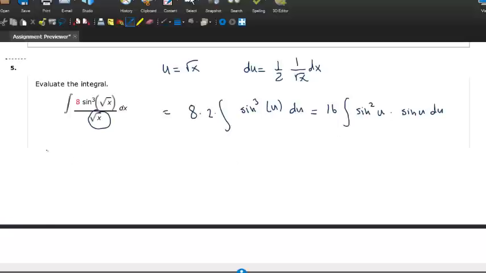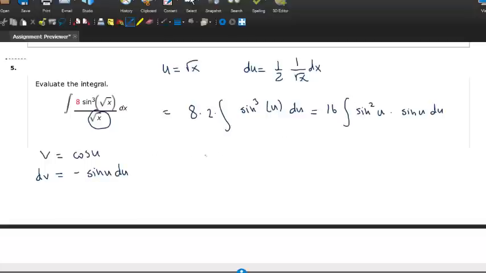So I will call something equals cosine u, but since I have already used u for this substitution, I will use another letter, let's say v, and I'll let v to be cosine of u. Then dv will be negative sine u du, and this will help me to take care of this last part of this integral.